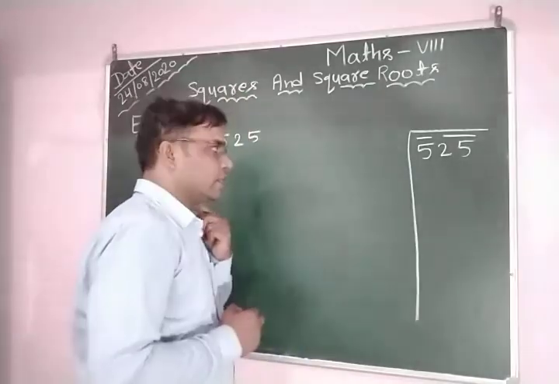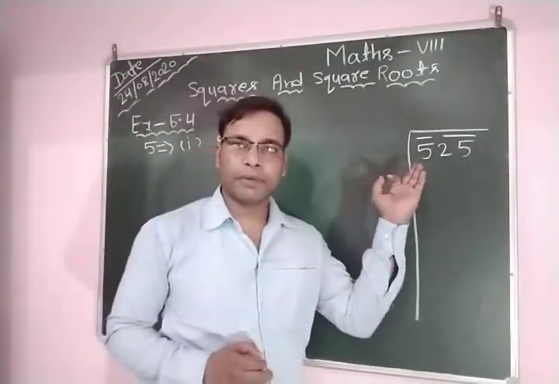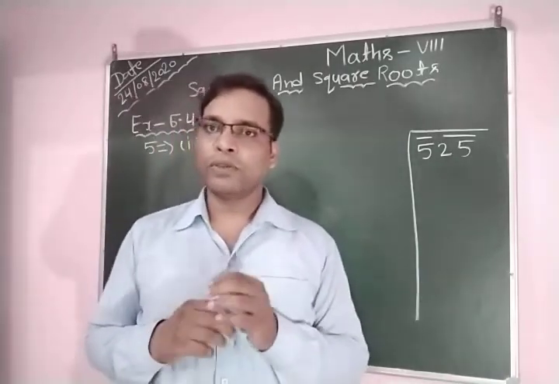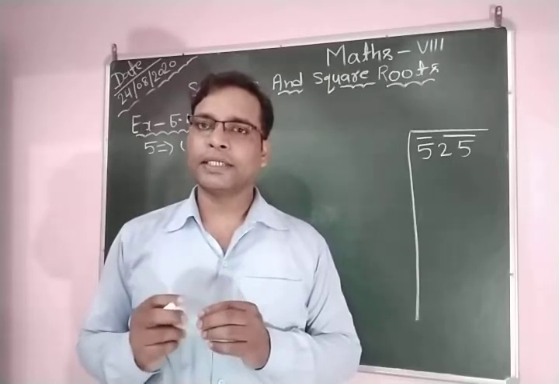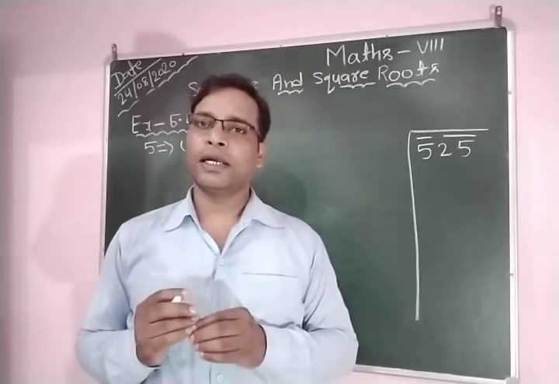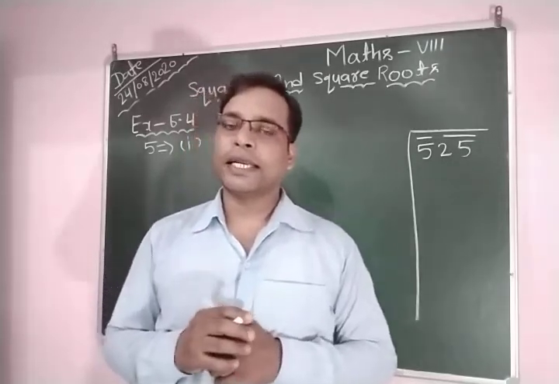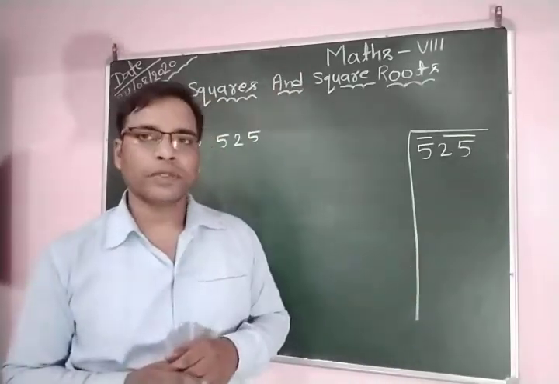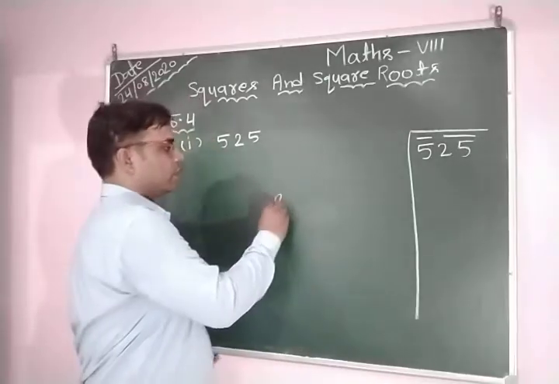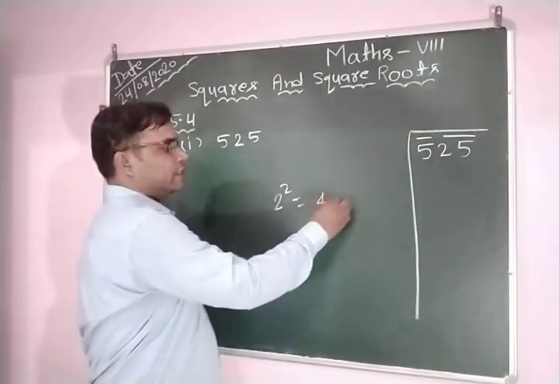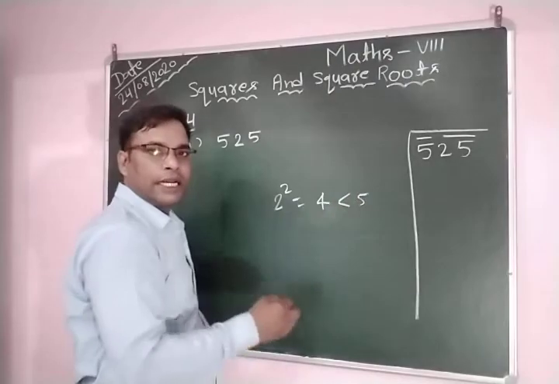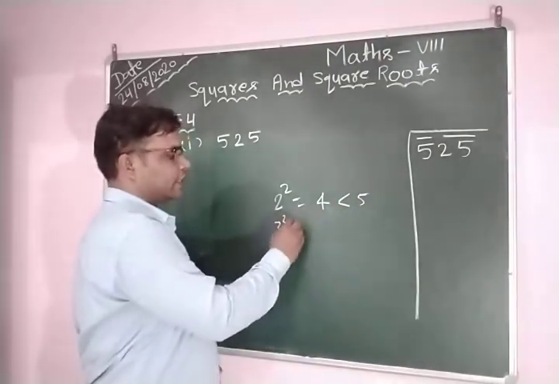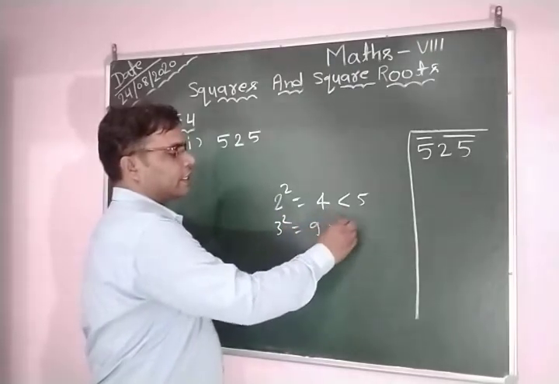Let the extreme left number be 5. We select a possible number whose square is less than or equal to 5. If you take 2, the square of 2 is 4, which is less than 5. If you select 3, the square of 3 is 9, which is greater than 5.